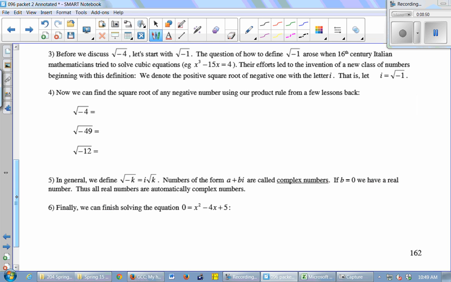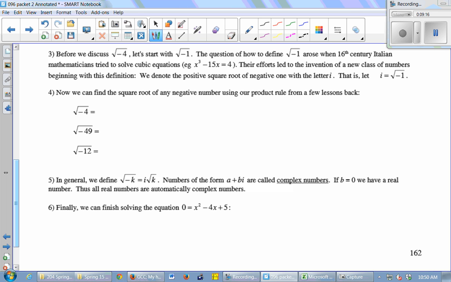Okay, before we discuss the square root of negative 4, we're going to start with a simpler question, the square root of negative 1. So the question of how we define the square root of negative 1 arose when 16th century mathematicians tried to solve a cubic equation, right? We've never tried to solve a cubic equation, but something with a 3rd degree, with an exponent of 3 in it.